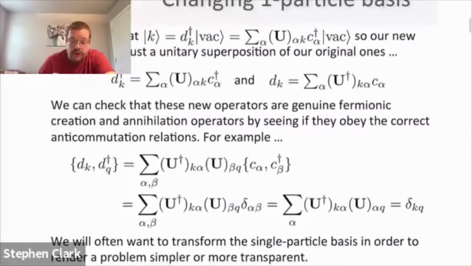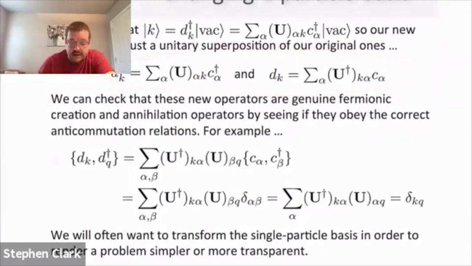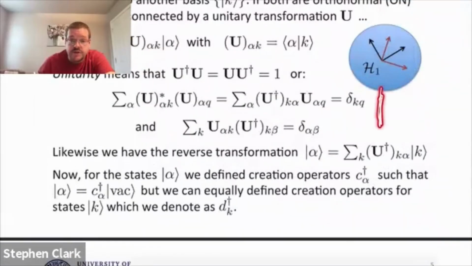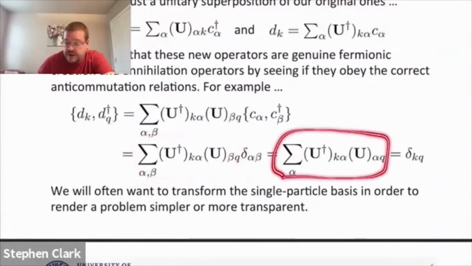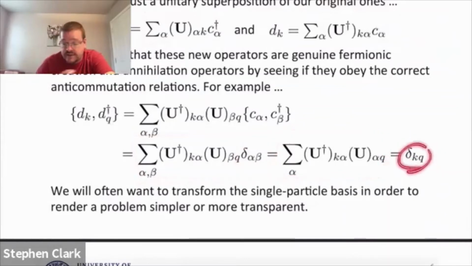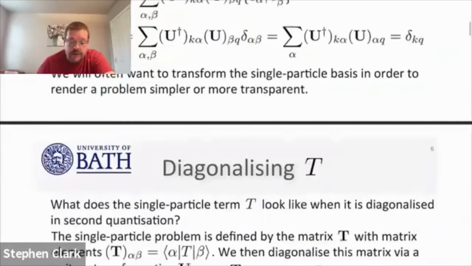Well, you just shove these into the anti-commutator here and expand it, and you'll see that, if you go back to here, you use these relations which tell you the expansion of a matrix multiplication for U dagger U. If you stick that in here, you'll see that you collapse this to a matrix product, which itself becomes the identity matrix, which is just a delta. So it's telling you that these are canonical fermionic operators again. Okay, so we've just changed the single particle basis.